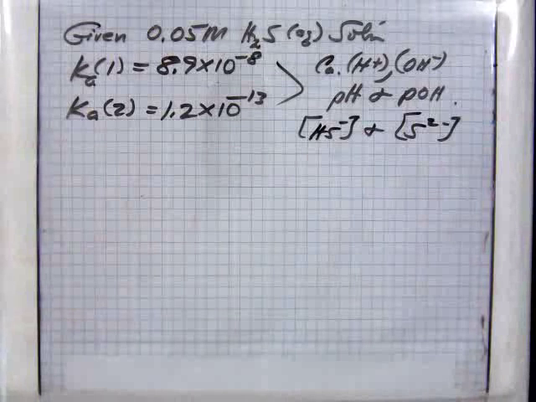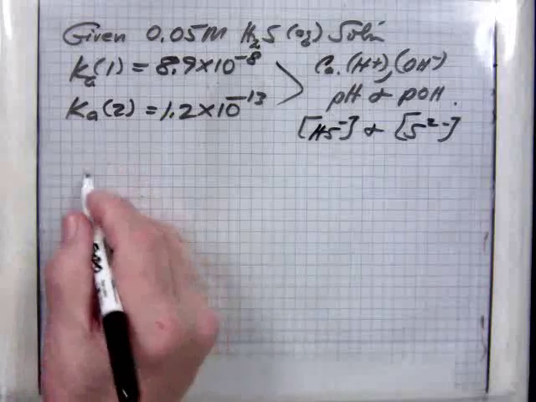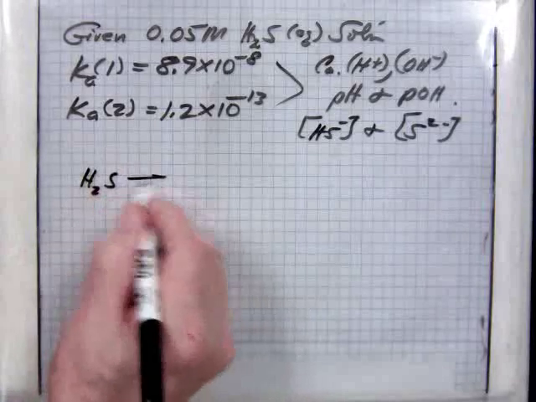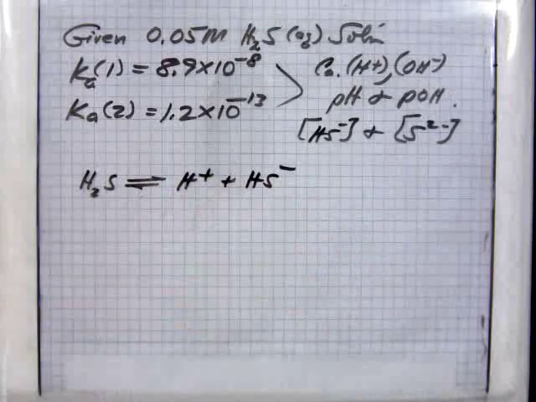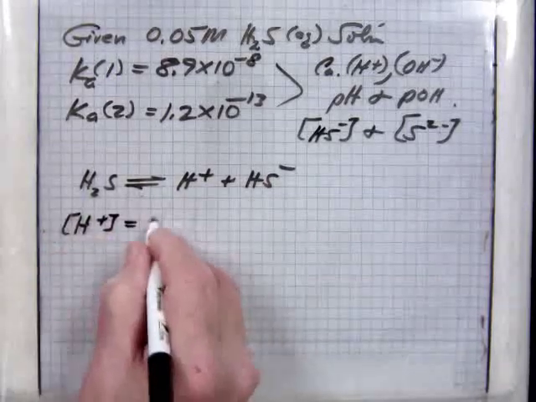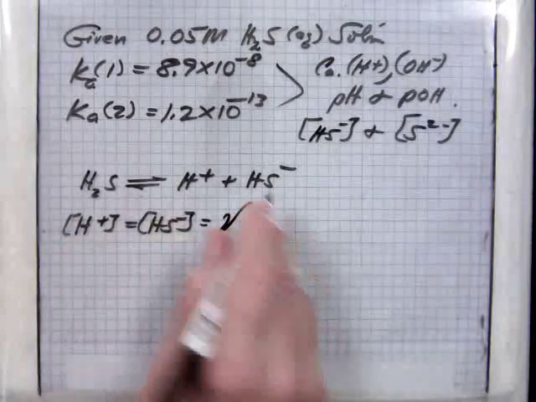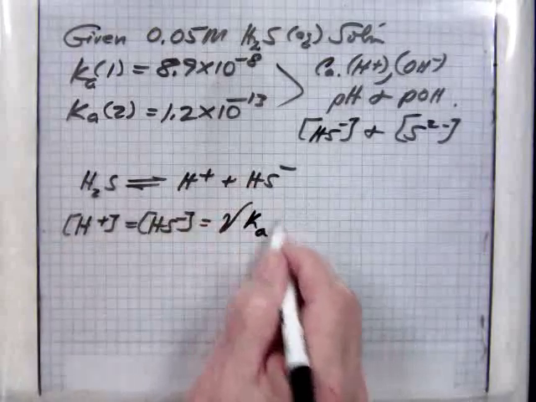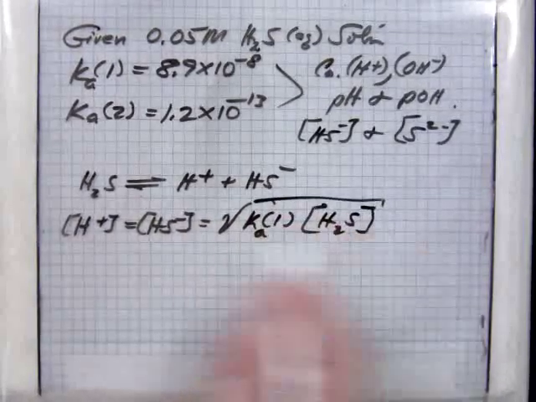Okay, start with the first ionization step, to determine the hydrogen and HS minus concentrations. Use the square root formula; you don't have to go through the ice table. H plus will equal HS minus, which equals the square root of Ka1 times the concentration of H2S used.